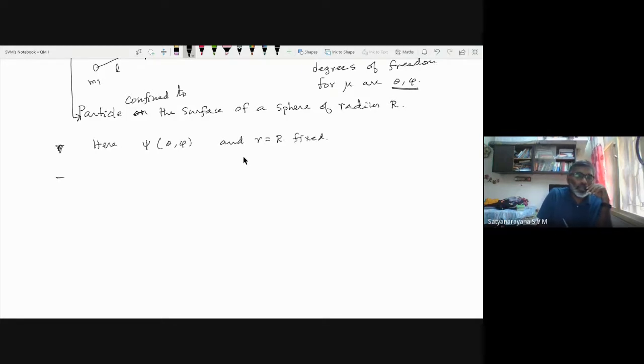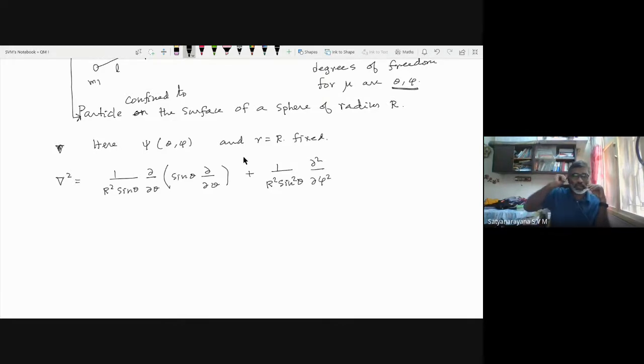So your del square operator will now be written as 1 by r square sine theta dou by dou theta of sine theta dou by dou theta plus 1 by r square sine square theta into dou square by dou phi square. So that will be our del square.